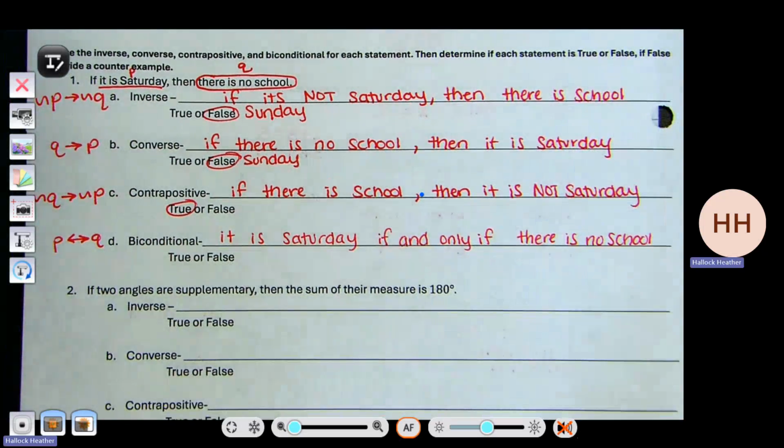So would that be true or would that be false? It is Saturday, if and only if there is no school.